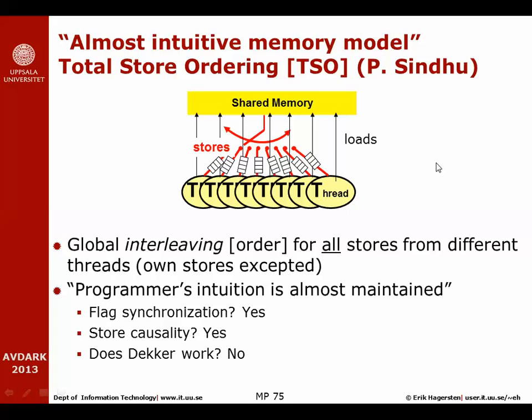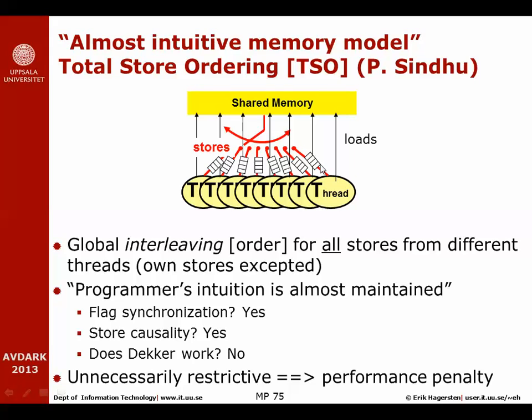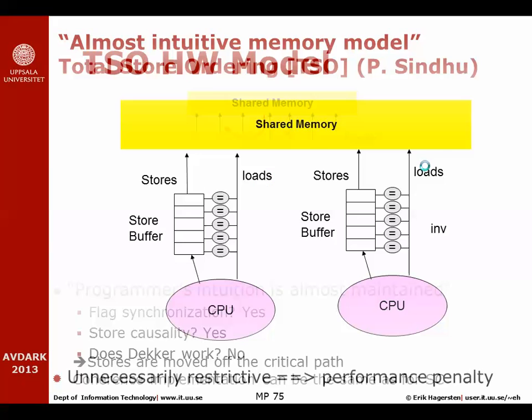So programmer's intuition is almost maintained here because we have an order between all the stores performed in the system. But even this can sometimes be viewed as unnecessarily restrictive. We're going to look at some even weaker models after this.